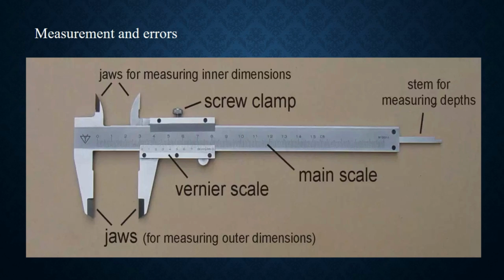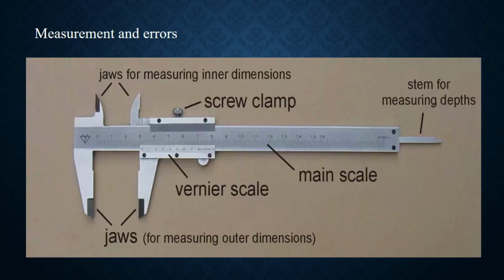The first instrument is the Vernier caliper. This is a photo of a Vernier caliper. It contains a main fixed scale and a secondary sliding scale, as shown in the figure, in blue. The smallest division on the fixed scale is usually 1 millimeter.